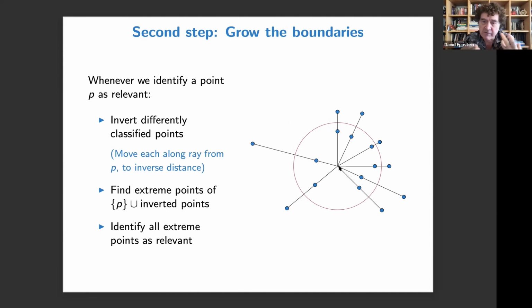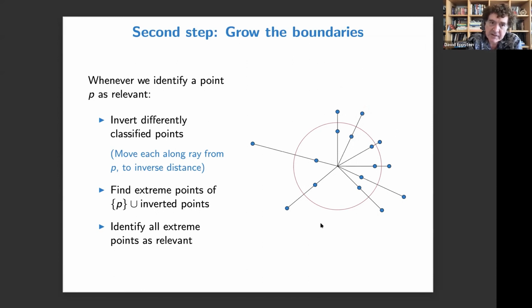The radius of inversion turns out not to be relevant, so you might as well assume that it's a unit sphere centered at P. And what I mean by inverting is just each of these differently classified points gets moved on its ray. If it was outside the unit sphere, it gets moved inside. If it was inside the unit sphere, it gets outside, to a point where the product of these two distances, the inside distance and the outside distance of that point along that ray and its inverted image, that product of distances should equal 1.